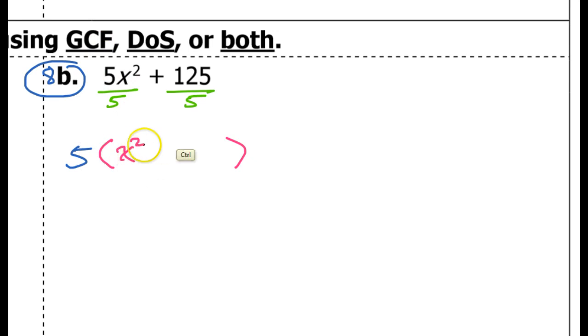That leaves x squared. I believe 125 divided by 5 is 25. So I'll have plus 25. Now, am I going to keep going and factor this down further? No. That would only work if this were subtraction, if this were the difference of squares. The sum of squares cannot be factored. So this is the final answer.